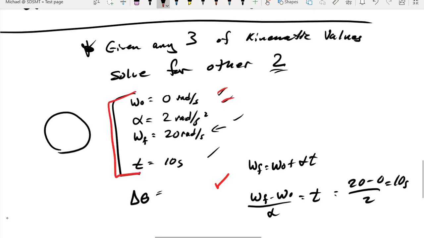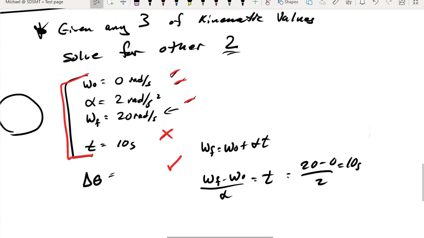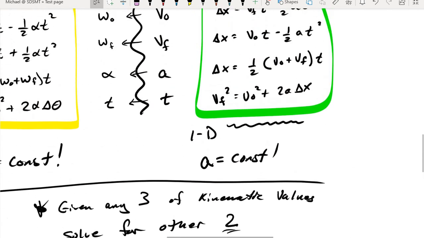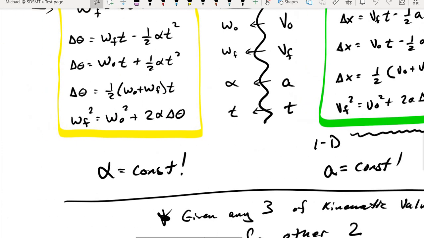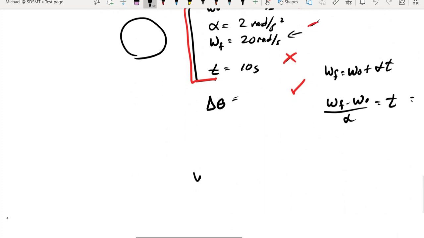And I am going to use what information was given to me because, how do I know for sure that I solved the time correctly? Unless this is a problem on Wiley, and Wiley's going to show me the green after I hit submit, I don't know for sure. So I'm going to come back up and grab the equation that leaves out time, which is this one, to help me figure out what delta theta is.